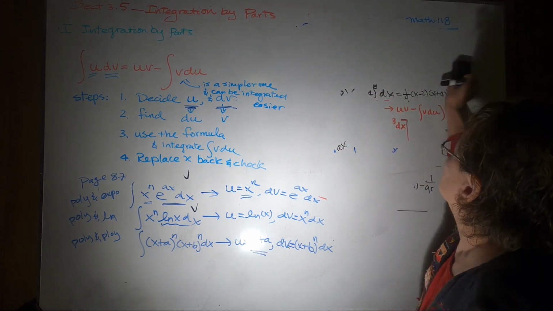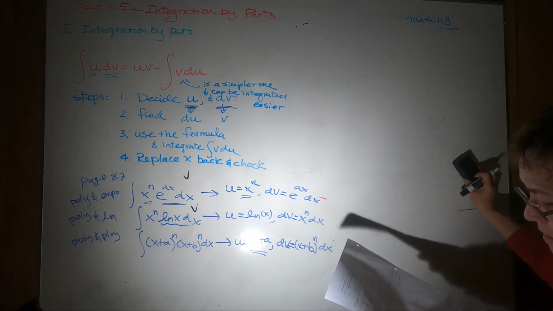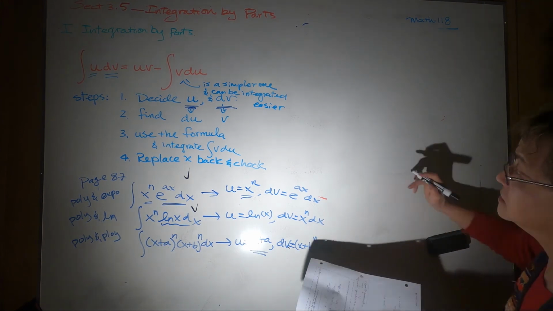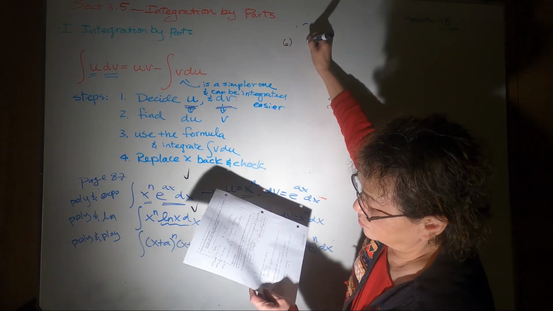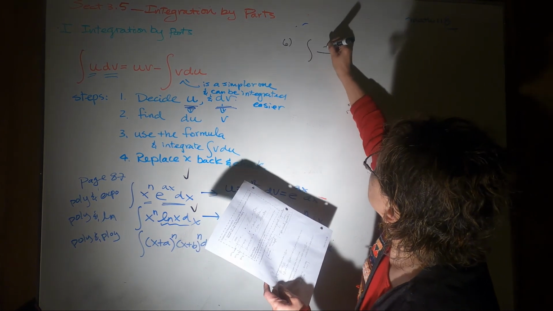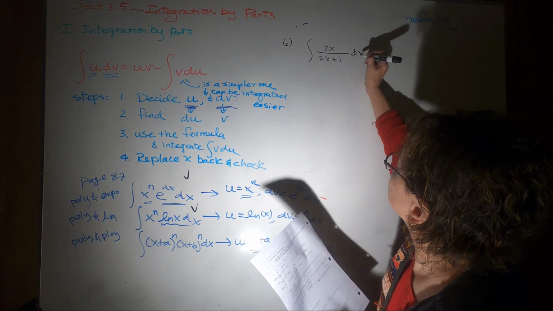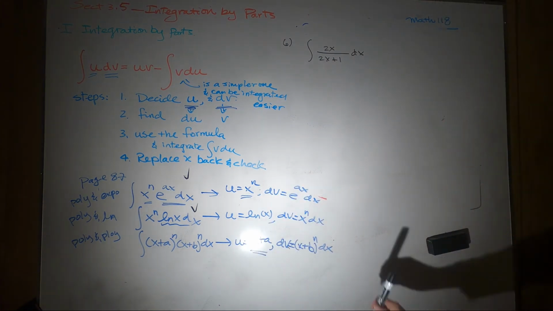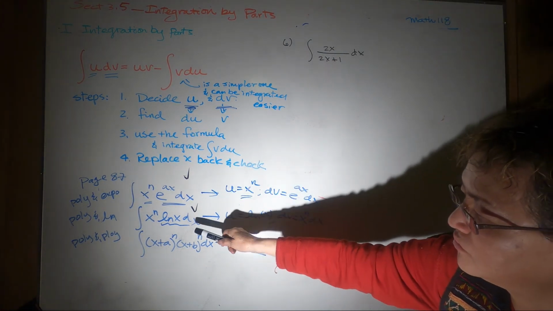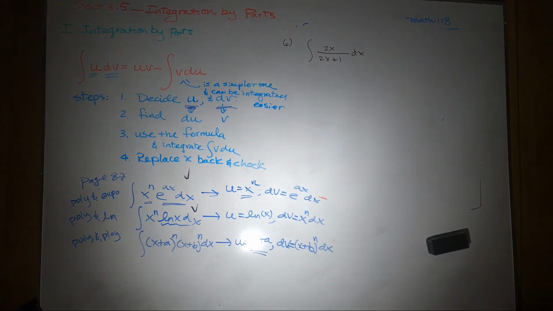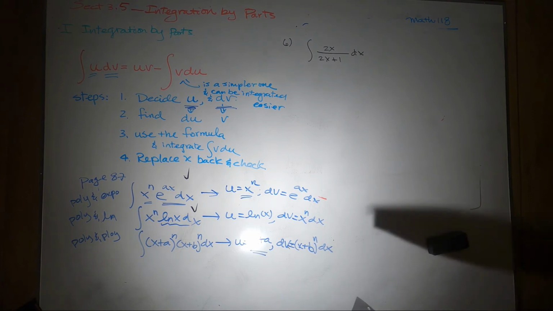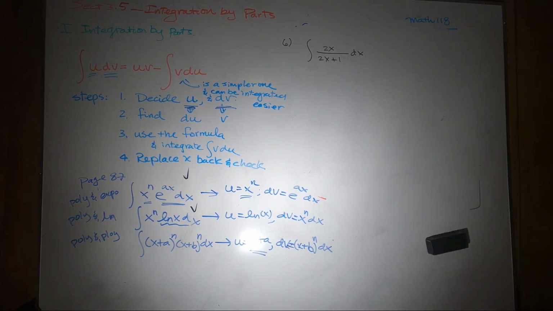All right. Let's see. Here it's in your homework, like this: the integral of 2x over 2x plus 1 dx. This one doesn't fall under any of those. Okay? But there is another way.